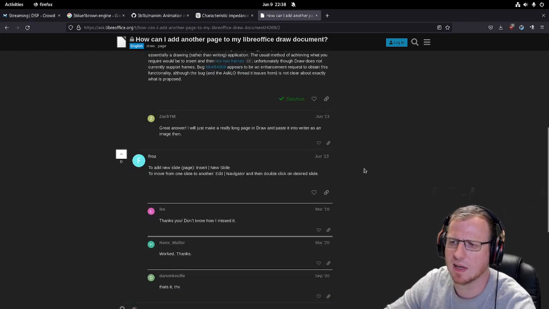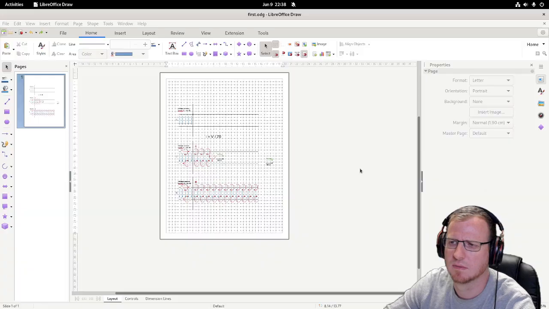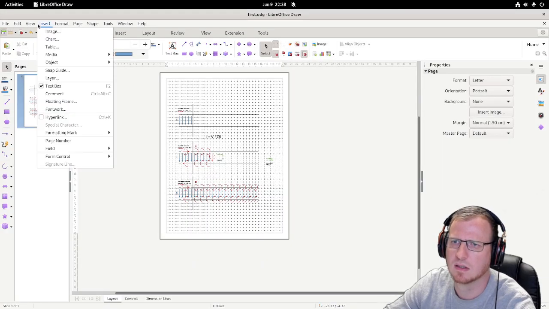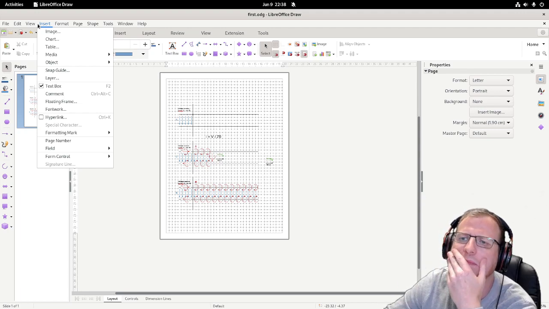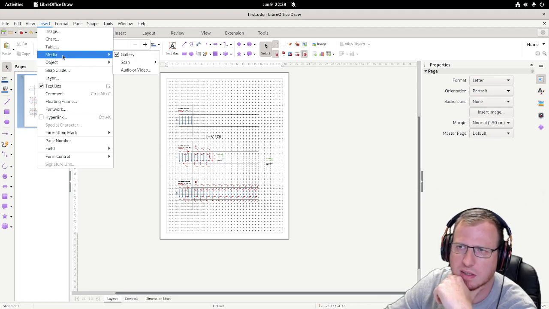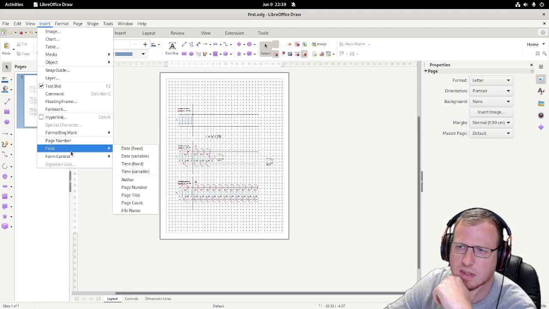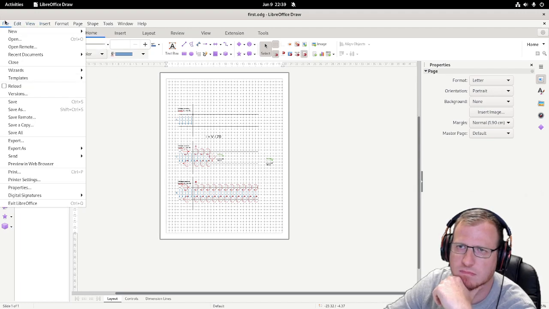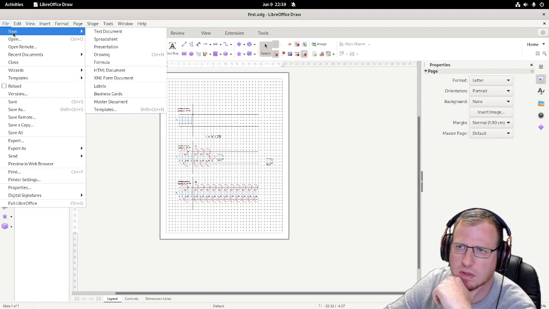Insert new slide. Insert. Image, chart, table, media. Object. Snap. Layer. Blah blah blah. Page. New.